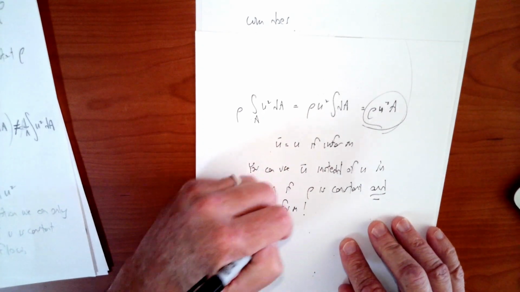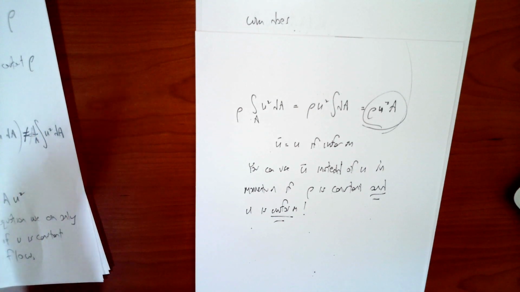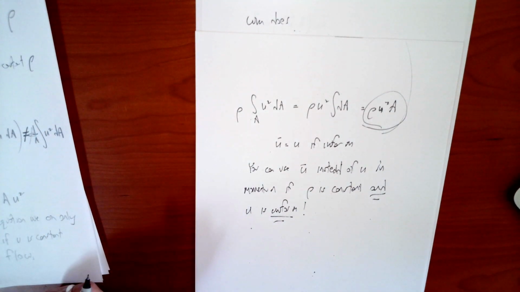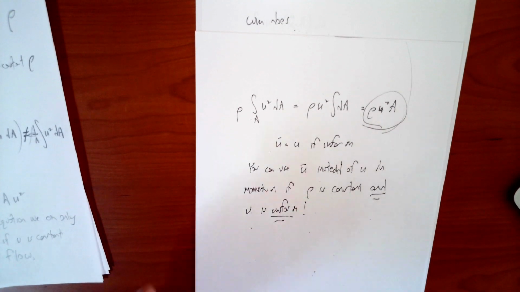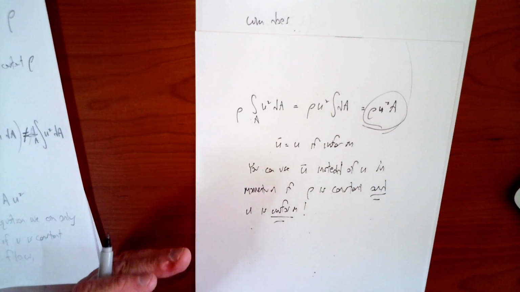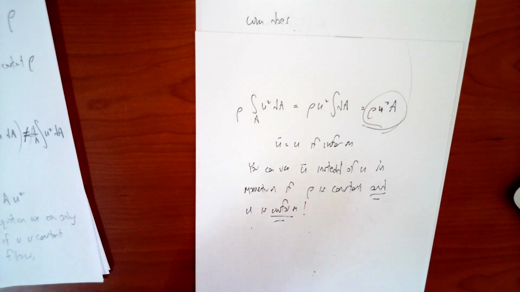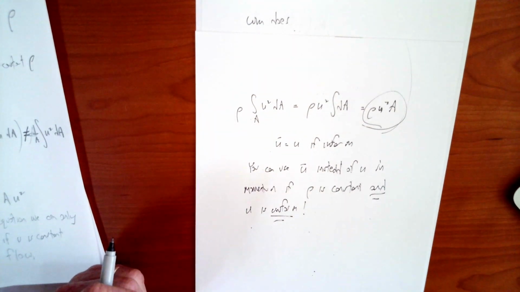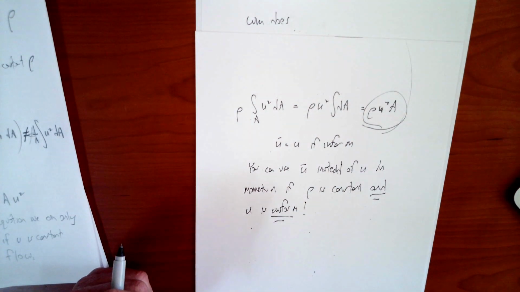And of course, u is not usually uniform. u varies a lot. That's the whole point of fluid mechanics, is u is changing. But there are many flows where people treat u as if it's uniform to do calculations using the control volume type method. And we will see that as a very common technique, but it also is extremely important that you remember as engineers that that's an approximation.